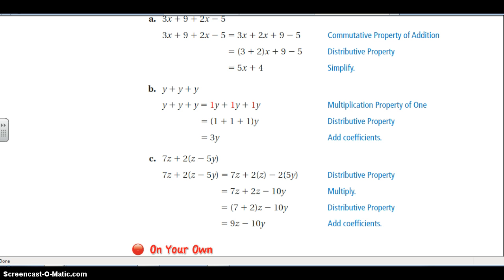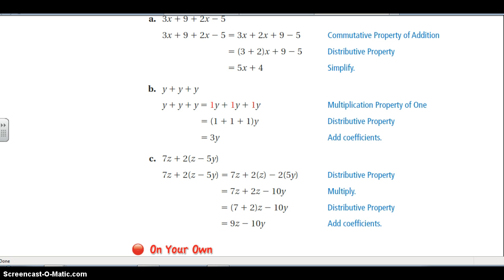Now, I'm going to show you that again. They did 7z plus 2z. Okay? Then they subtracted the 2 times 5y.